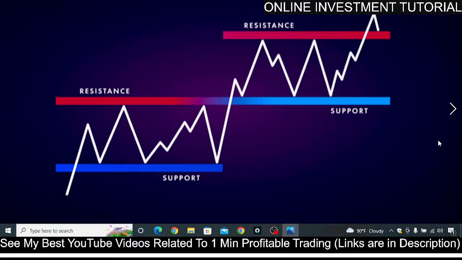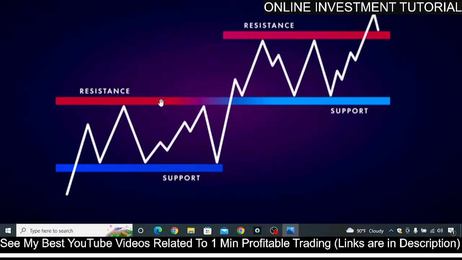Support and resistance is not a complicated thing. You can see on my screen, this is exactly support and resistance. But in real time in the market, you will see different types of formats. I'm also going to show you that too. But in simple words, the place where the market hits and bounces back, those parts are called support.